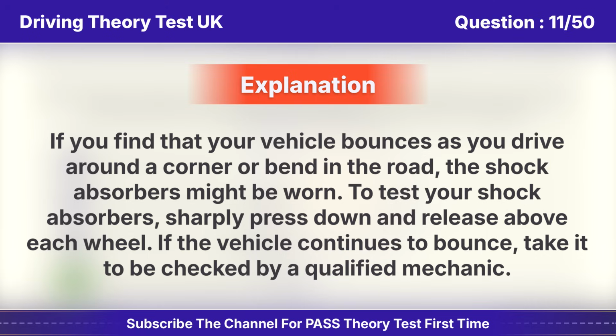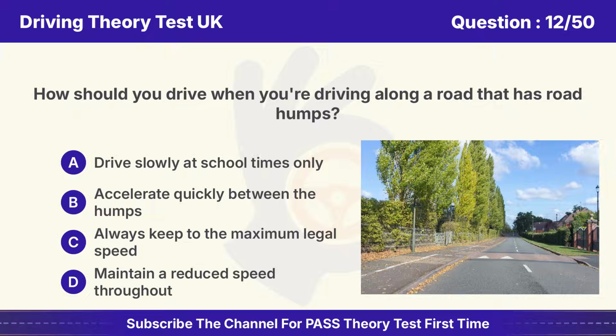If you find that your vehicle bounces as you drive around a corner or bend in the road, the shock absorbers might be worn. To test your shock absorbers, sharply press down and release above each wheel. If the vehicle continues to bounce, take it to be checked by a qualified mechanic. Question 12. How should you drive when you're driving along a road that has road humps?